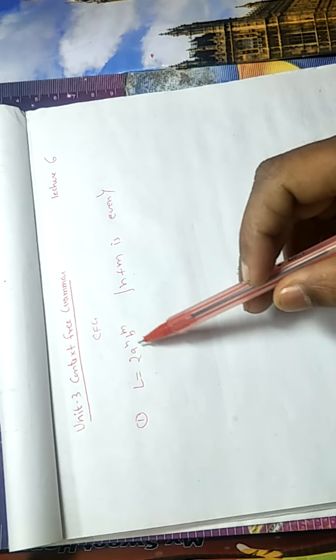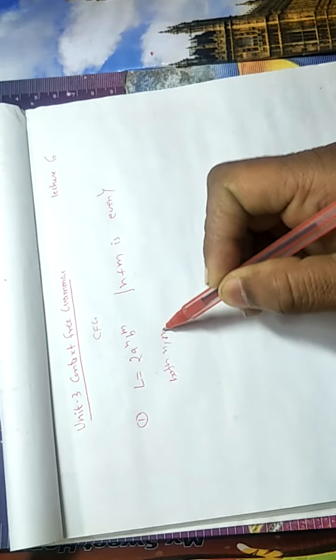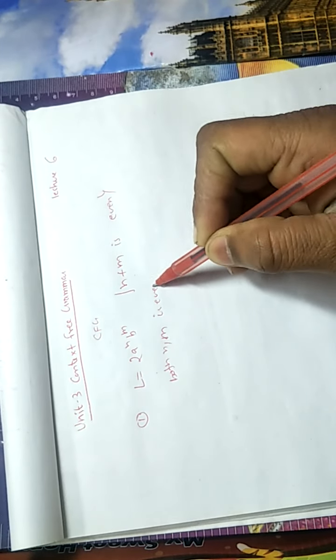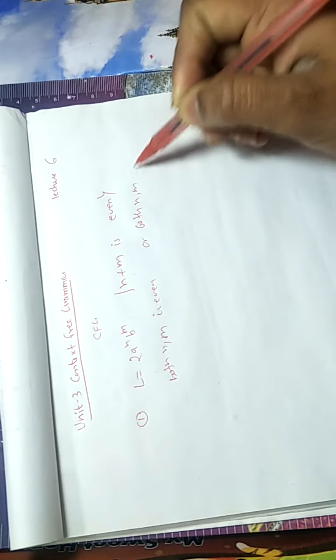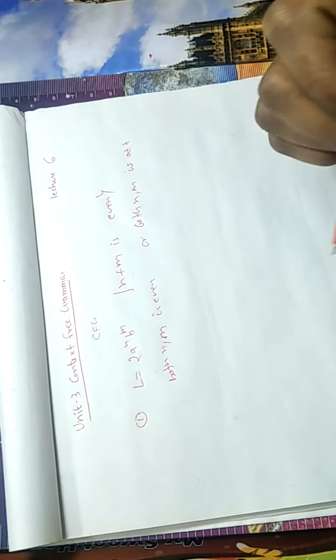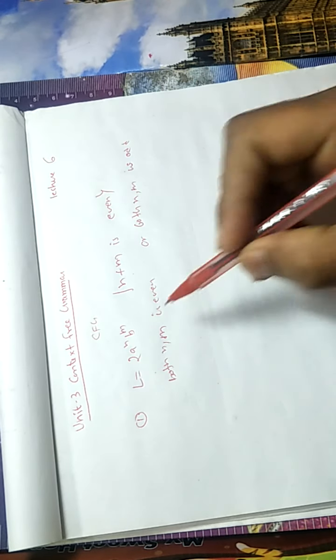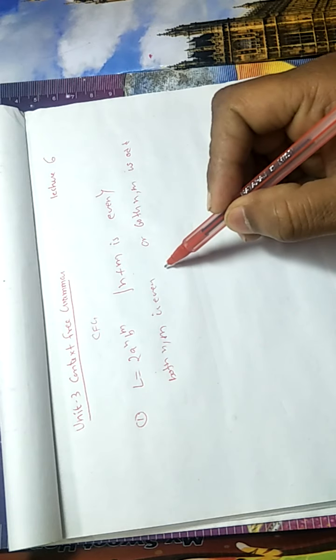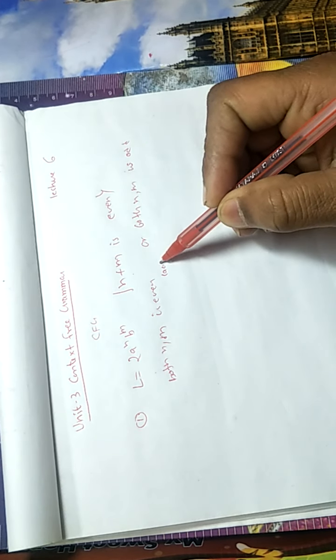Here n plus m is even means that both n, m are even, or both n, m are odd. Only then n plus m is even. So it is a regular language.